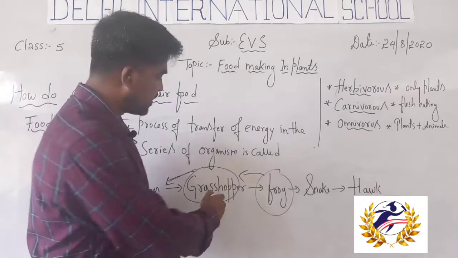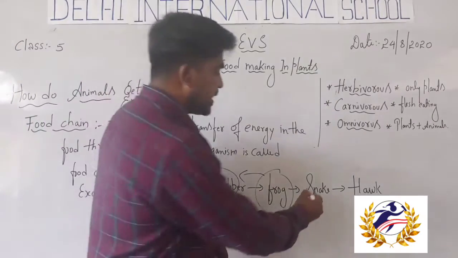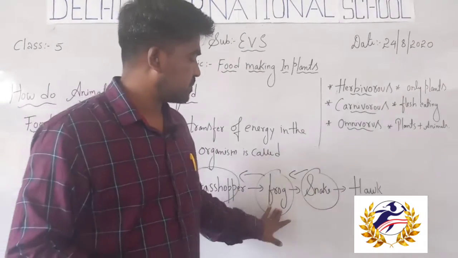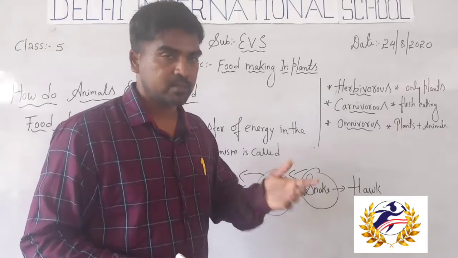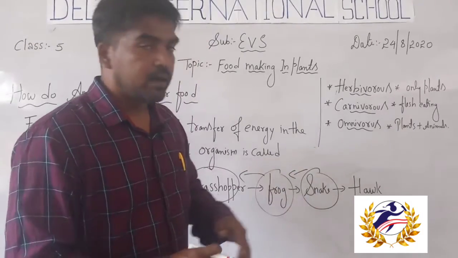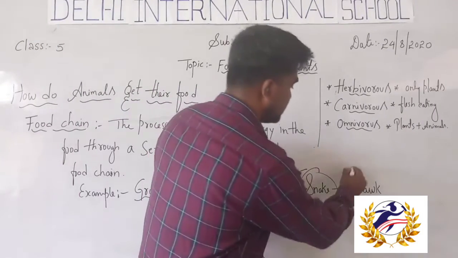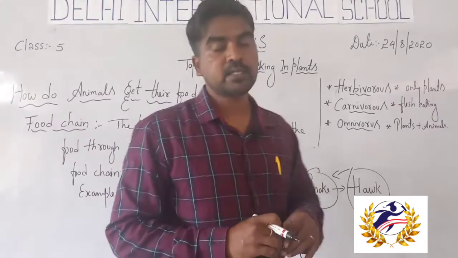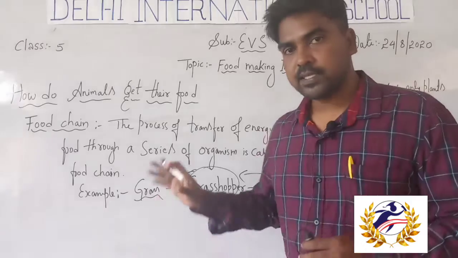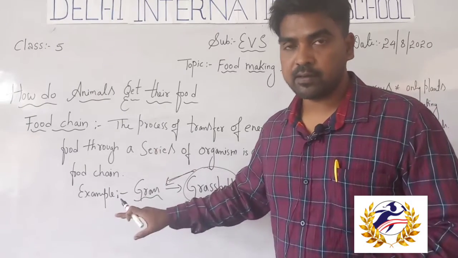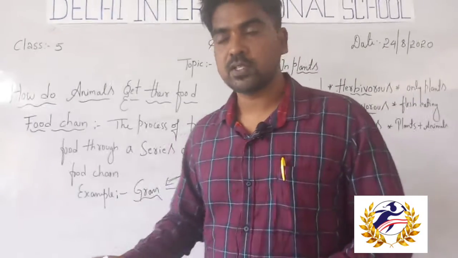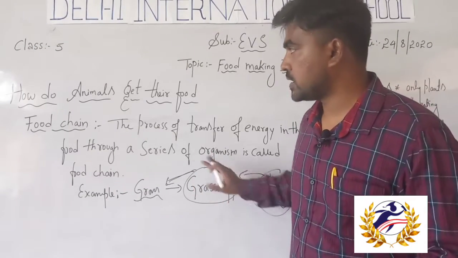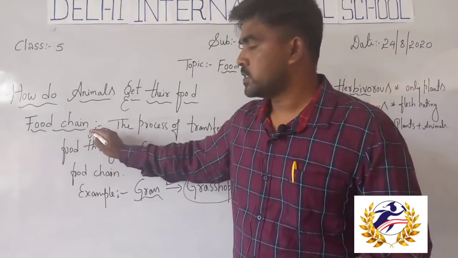A snake will eat the frog or mouse, and a hawk or eagle will catch the snake. Like that, one animal depends upon another animal for survival. So this system in our ecosystem, in the biological community, is called food chain.